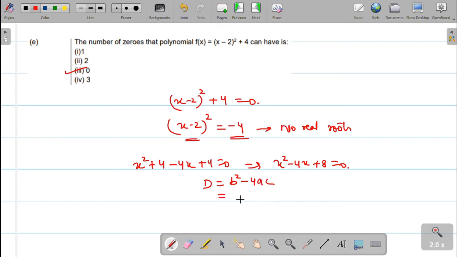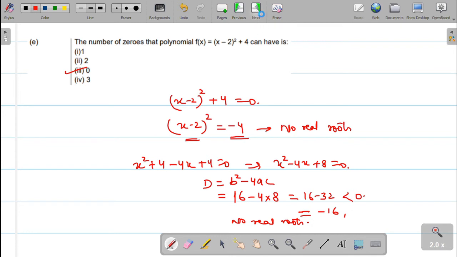So b square will be 16 minus 4 multiplied by 8. So we have 16 minus 32, which is less than 0, which is negative 16, right? So no real root case. That's why we will say that it has 0 zeros.